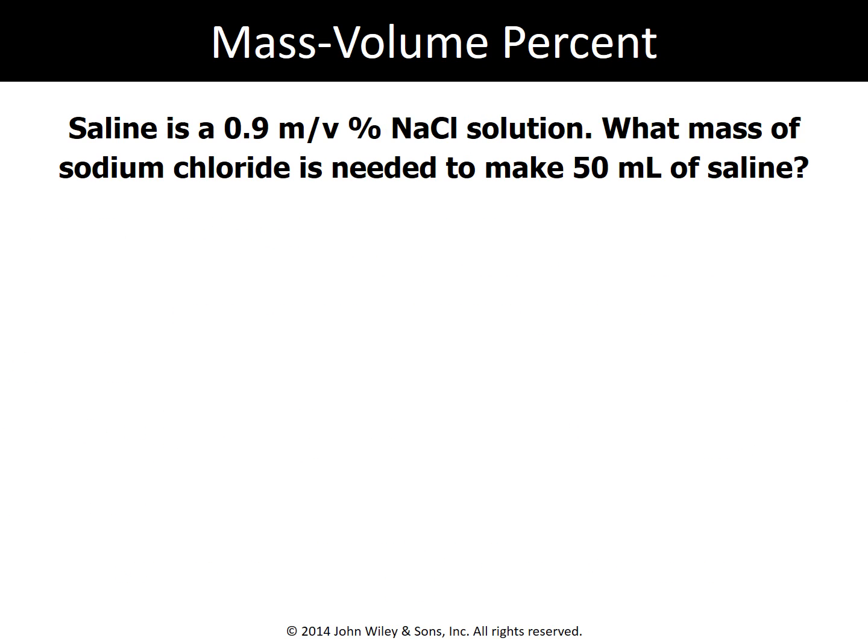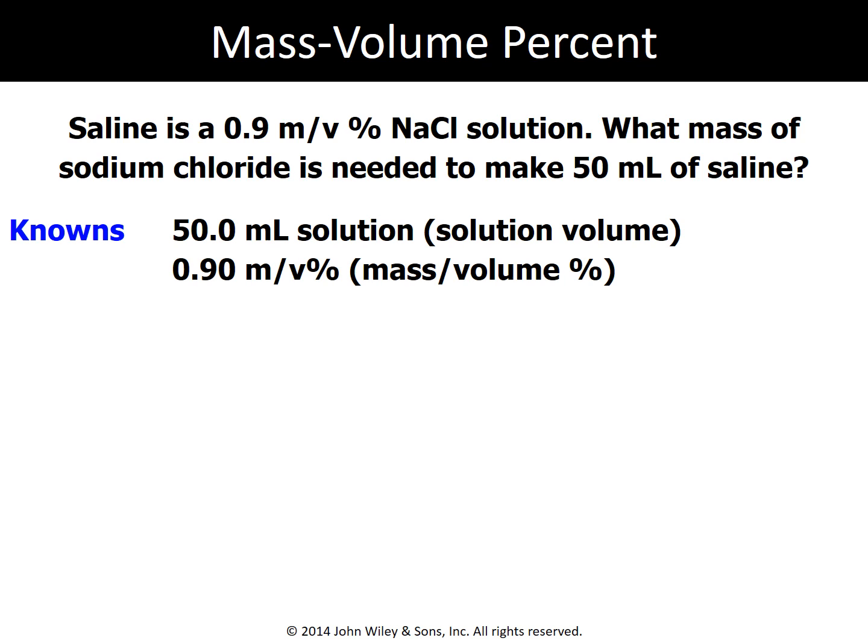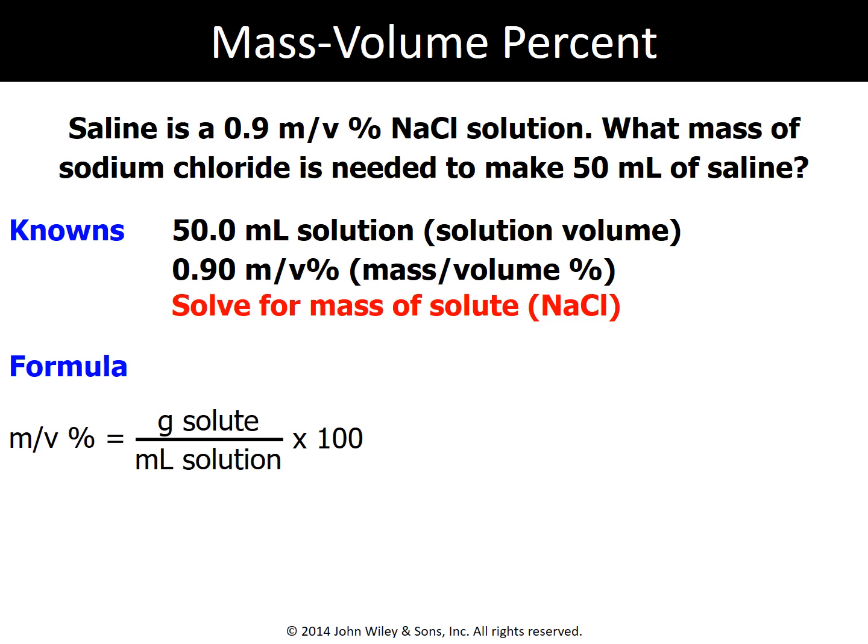The next one's going to be mass volume percent. Saline is a 0.9% mass volume sodium chloride solution. What mass of sodium chloride is needed to make 50 milliliters of saline? So we have our knowns from the problem. We're going to use the equation, grams of solute over milliliters of solution times 100. And remember, this multiplied by 100 factor is just to get our number in a percentage.